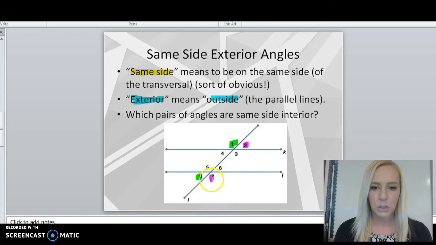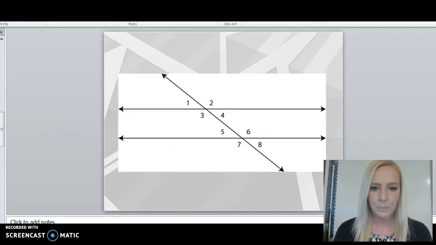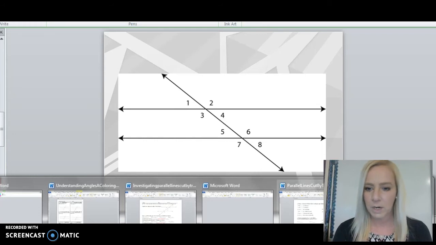And then angles 2 and angle 7. And these as well are supplementary, meaning they add up to 180. So the measure of angle 1 and the measure of angle 8 add up to 180 degrees, as well as 2 and 7. Okay, what I want you to do is to refer to your graphic organizer.